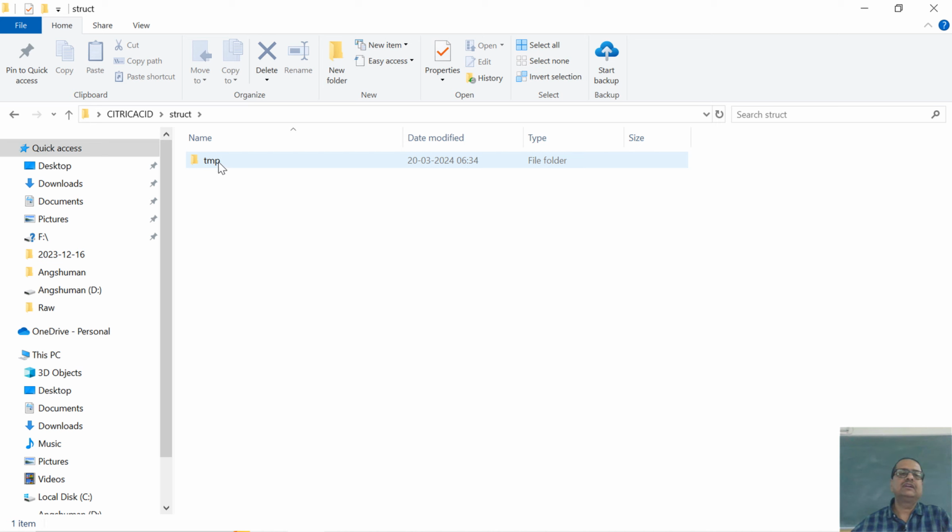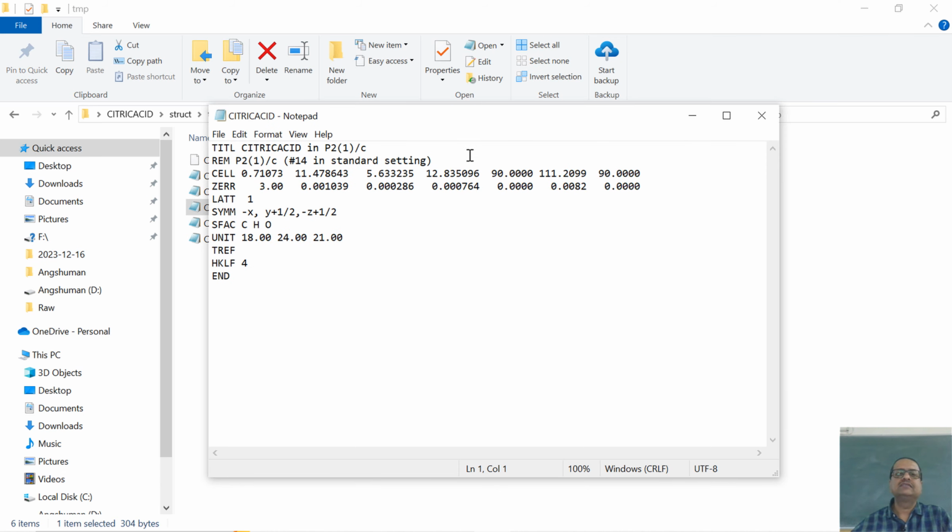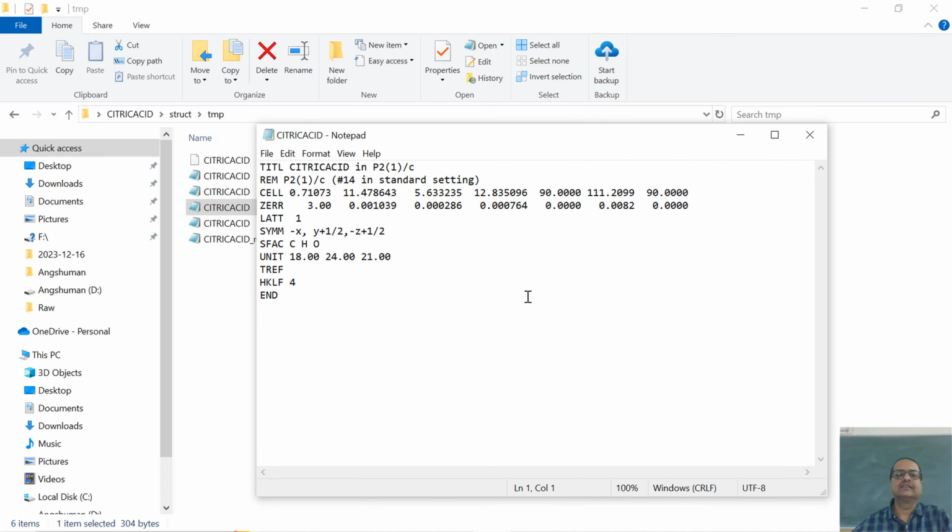Inside this struct folder, you will have a temp folder. This folder is the one where you have the final reduced data. What you have here is one INS file. Remember this INS file, what you see here. When we do data reduction and come back to this INS file, we will see what we get in that case.